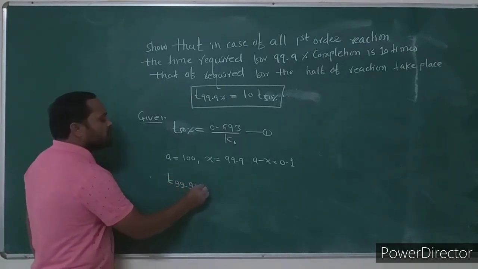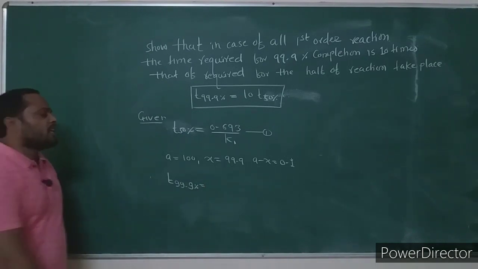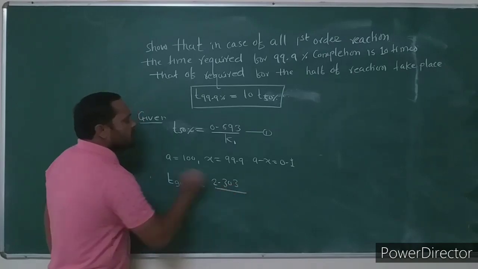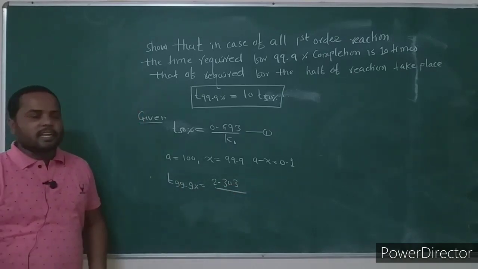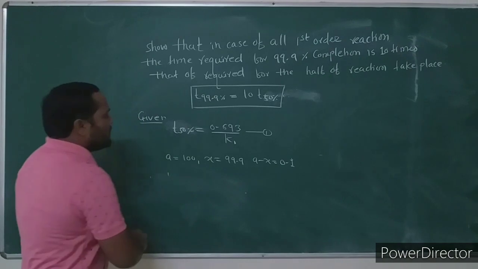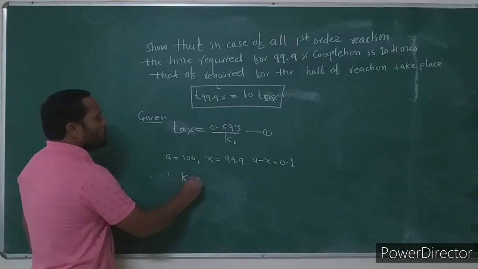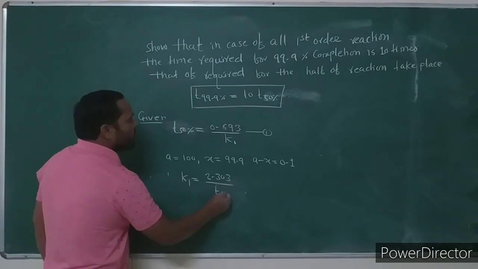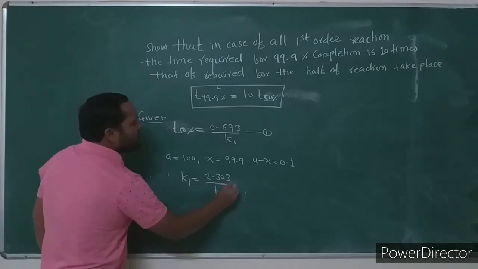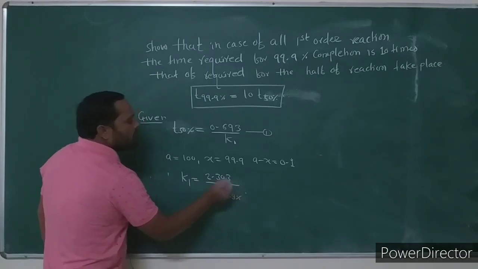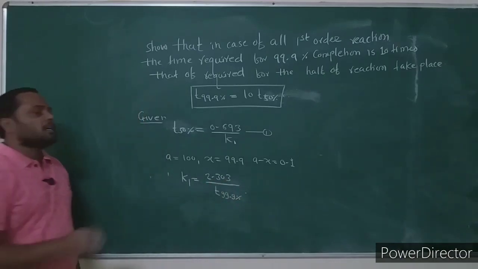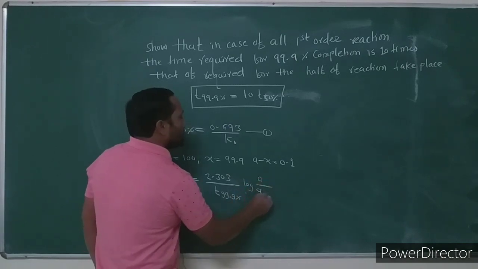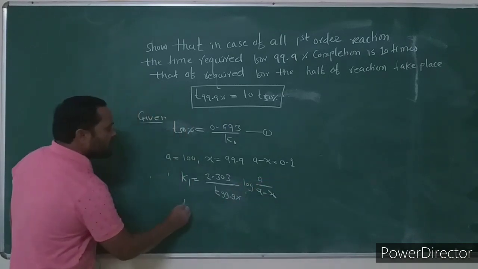T 99.9% is equal to, what is the rate constant equation? The general rate constant equation is K1 is equal to 2.303 divided by T log A upon A minus X. We can rearrange this.